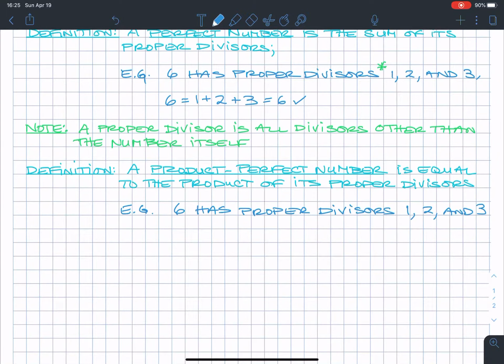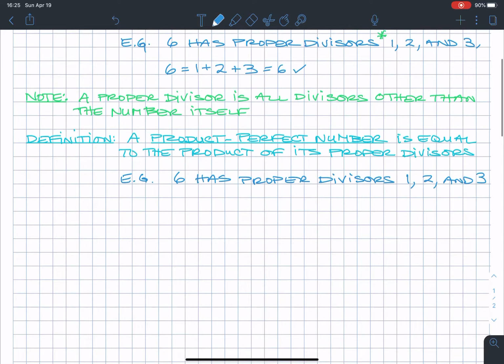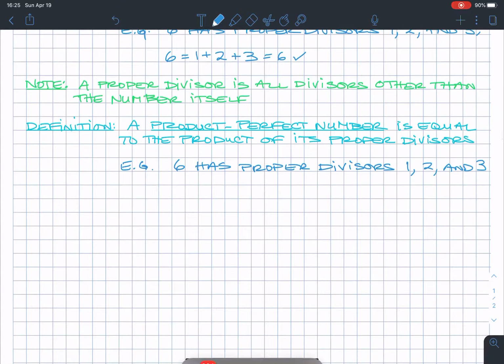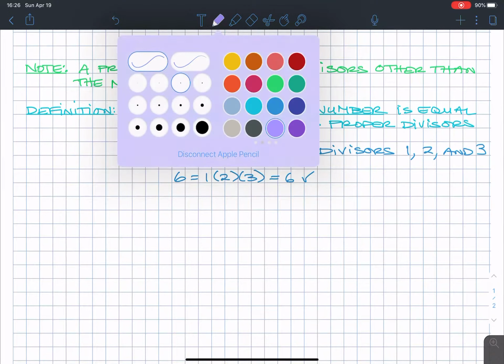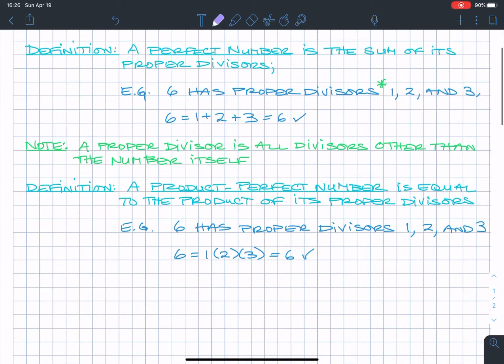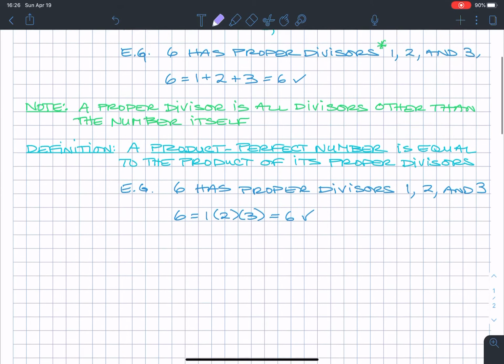So 1 goes into 6 one time, 2 goes into 6 3 times, and 3 goes into 6 twice. And you agree that 6 can be written as 1 times 2 times 3, which is indeed 6, so check mark. Okay, so that is what a perfect number and a product perfect number are.